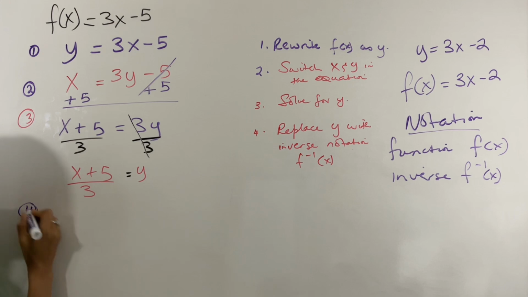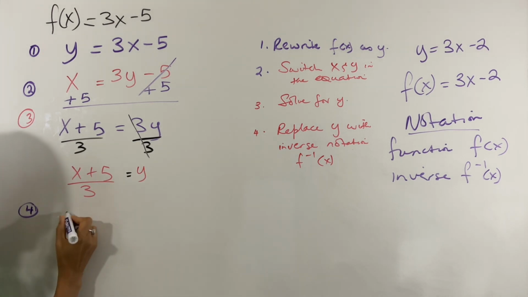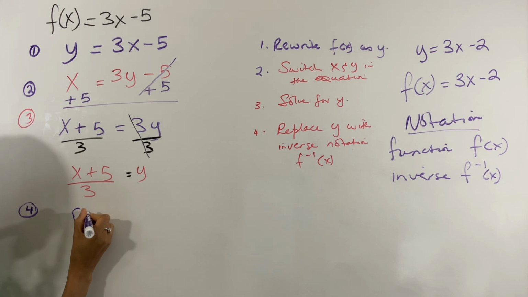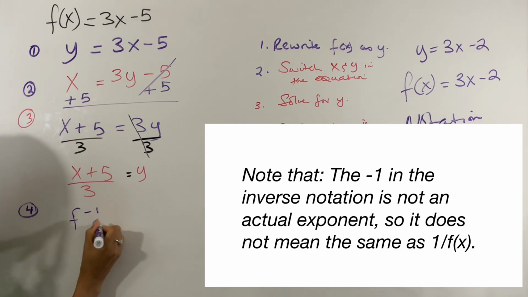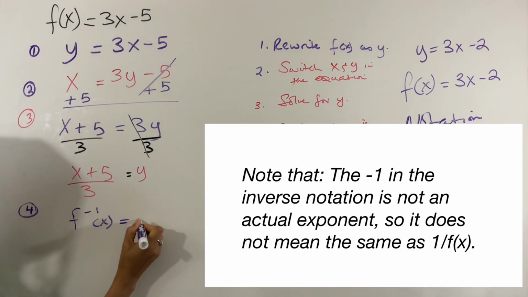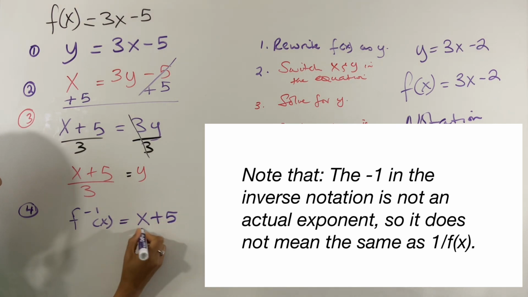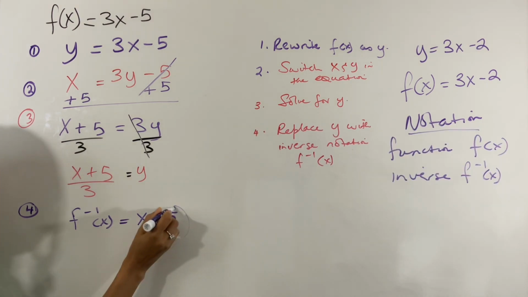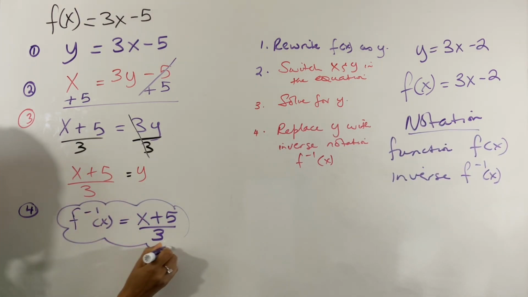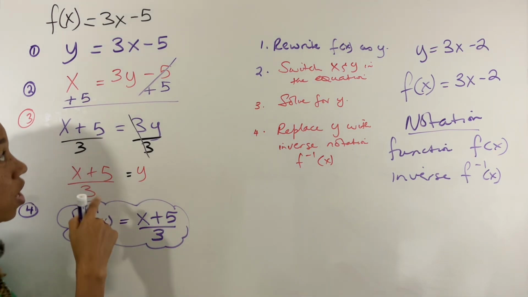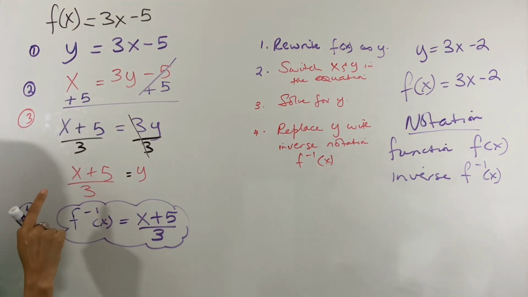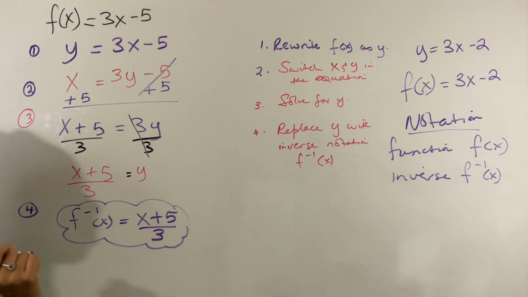So now we are going to replace y with f negative 1 of x equals x plus 5 over 3. And this is your final answer. This is the inverse of your given function, which was f of x equals 3x minus 5.